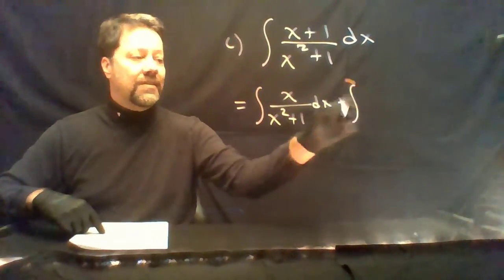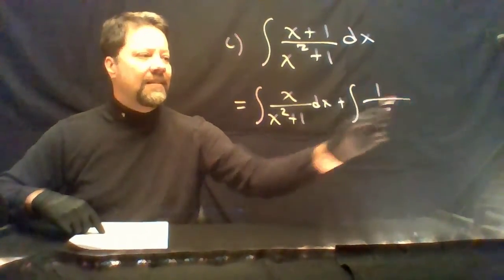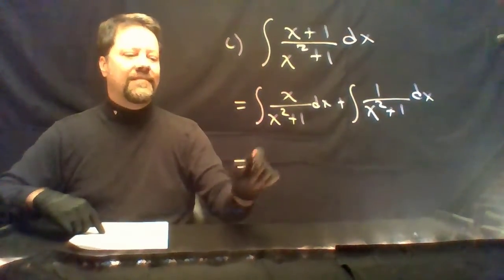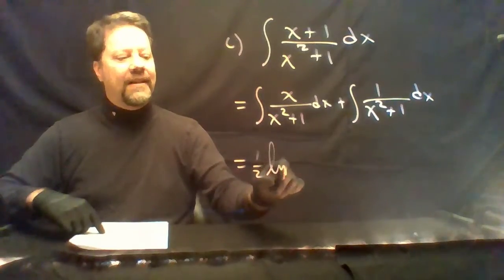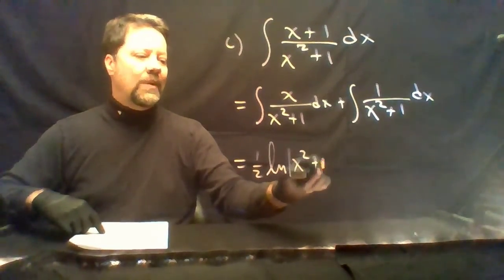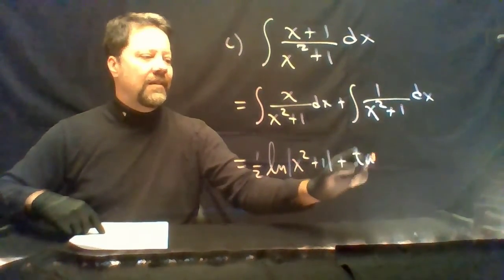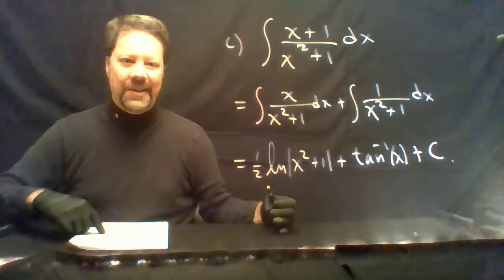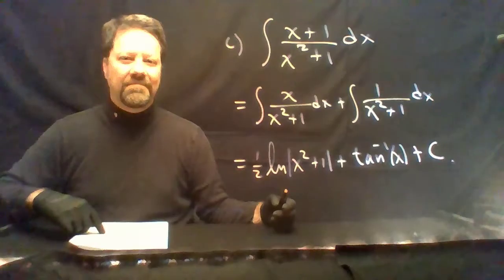The first integral looks like the second one that we did, and the second integral looks like the first one that we did. So you get 1/2 ln absolute value of x squared plus 1 plus the arctangent of x plus an arbitrary constant of integration.